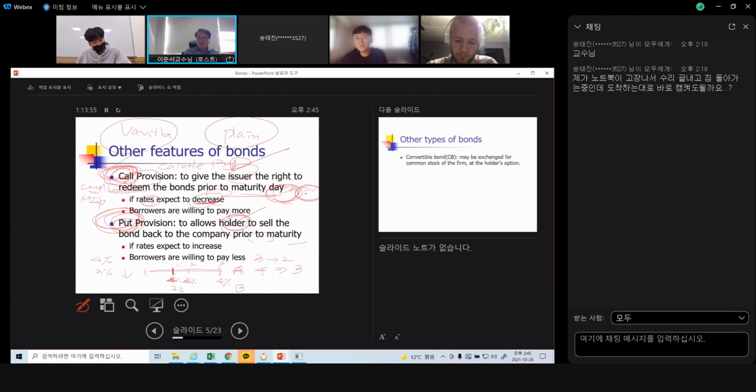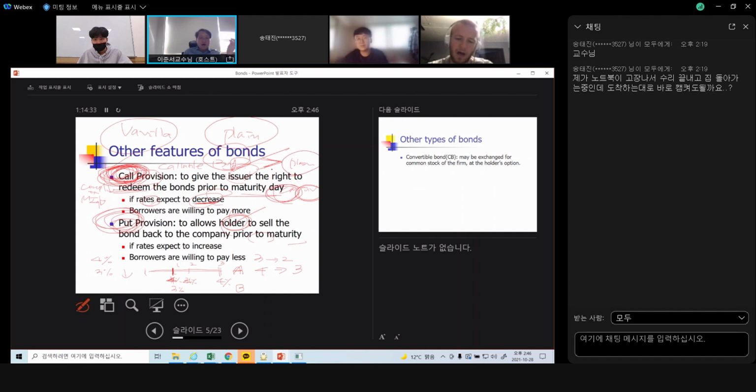So that's why the callable bond coupon rate is higher than the plain bond. Otherwise, the bond cannot be sold, right? Other things constant. Callable bond coupon is higher than plain bond coupon.